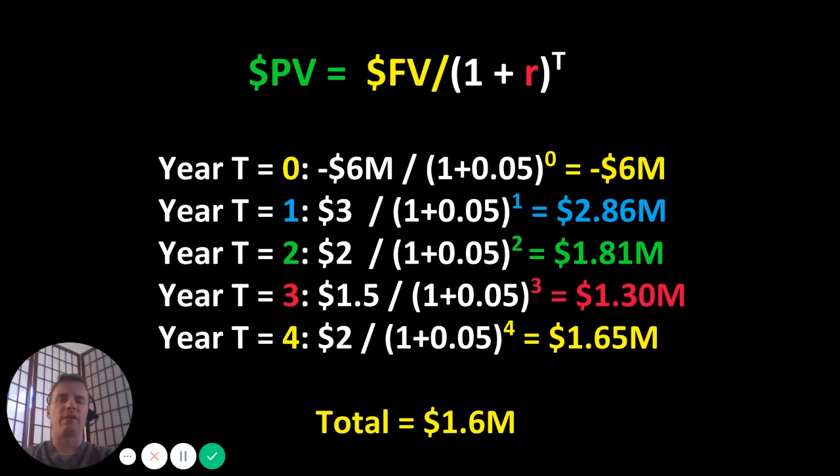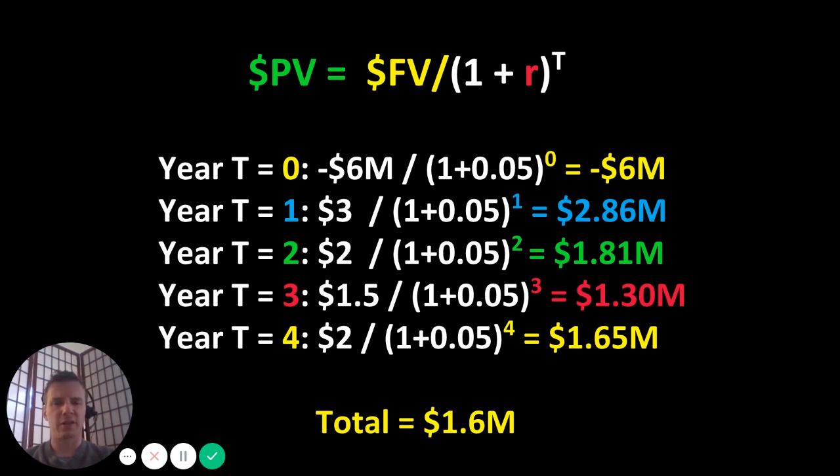So we're simply dividing $3 million by 1.05, and we get some value that is less than $3 million, implying that getting $3 million 1 calendar year from today is not actually worth $3 million. In this case, it's worth $2.86 million.